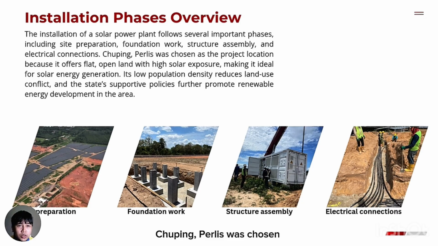Chuping Perlis was chosen as the project location because it offers flat, open land with high solar exposure, making it ideal for solar energy generation. The low population density reduces land use conflict, and the state's supportive policies further promote renewable energy development in the area.